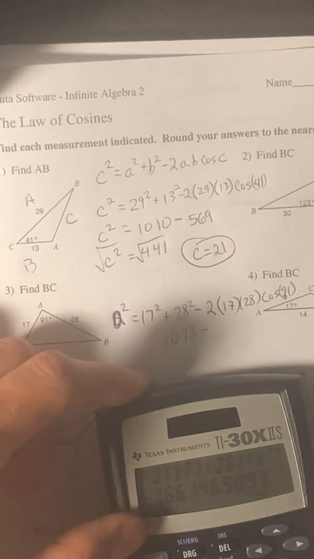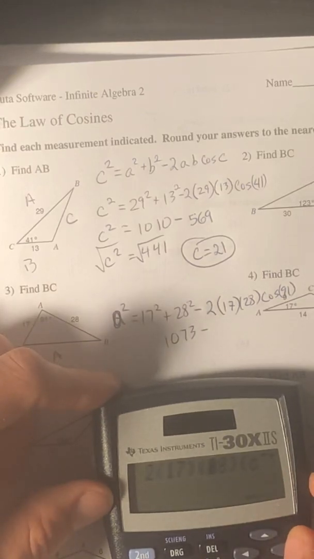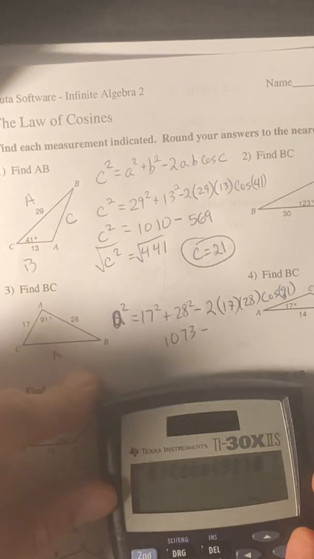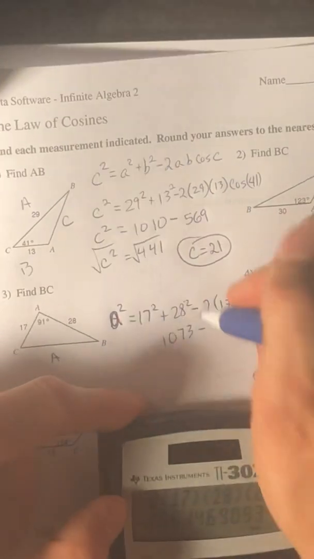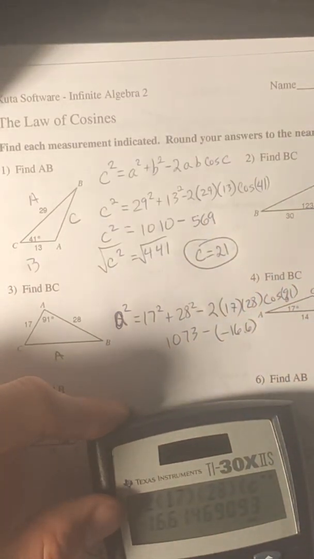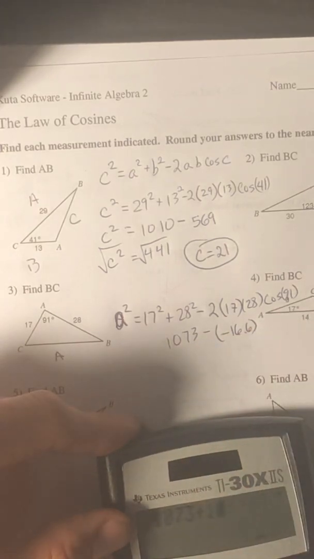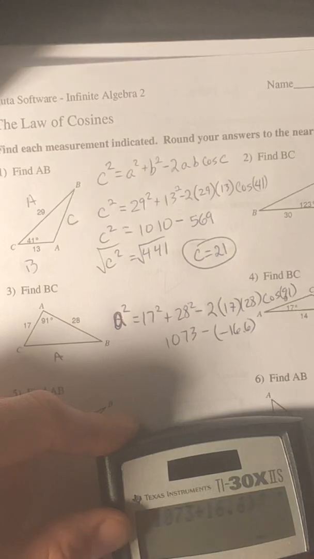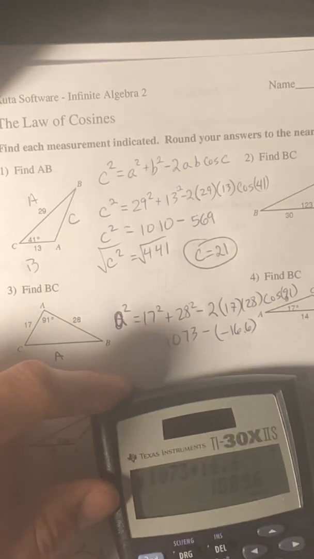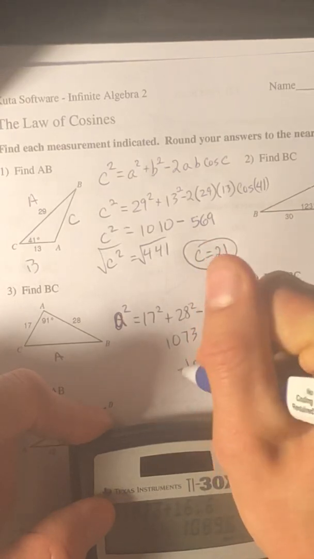Oops. That's 2 times 17 times 28 times cosine 91. Okay, so negative 16.6. And then 1073 plus, because minus a negative is plus, 16.6 is equal to 1089.6.